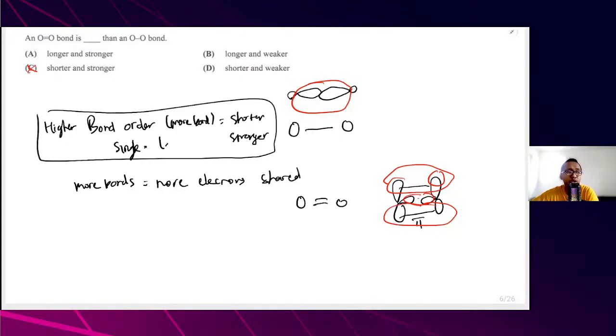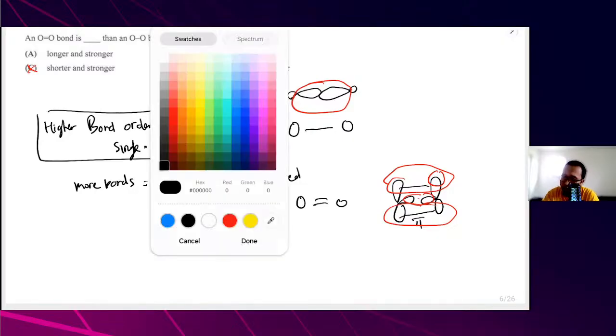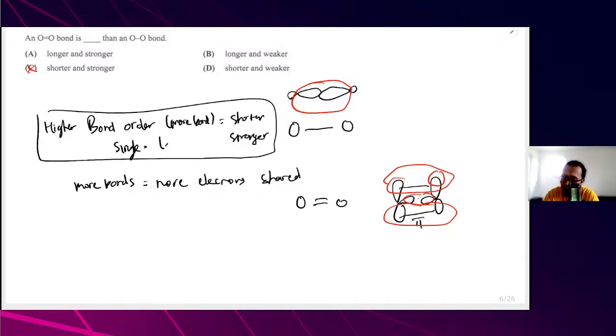This is the general term. So when comparing bonds, remember that more bonds between two atoms means they are pulled closer together, making the bond shorter and stronger, harder to break. So the answer will be C. You can also explain this using the hybridization concept.